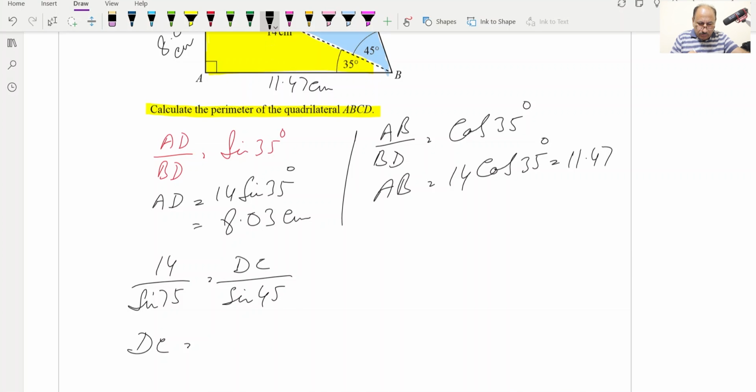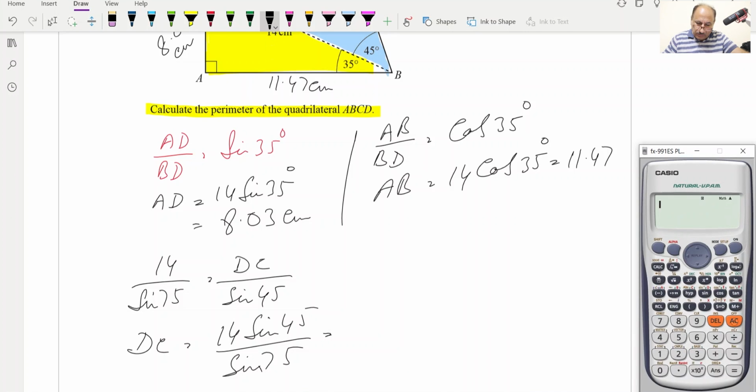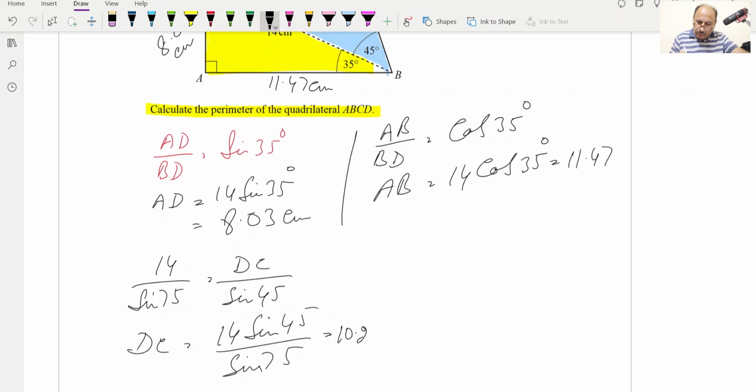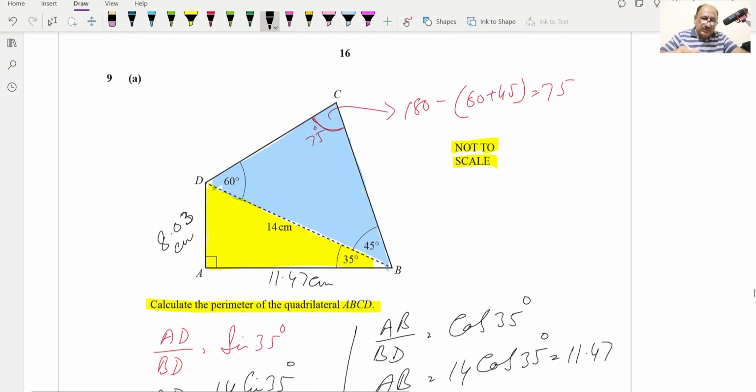So DC will be equal to 14 sine of 45 divided by sine of 75, and this one we can calculate in degree mode. In decimal it is 10.248, so I will write 10.25 centimeters. So we got this side also, which is DC, 10.25 centimeters. Only one side is remaining, which is BC.